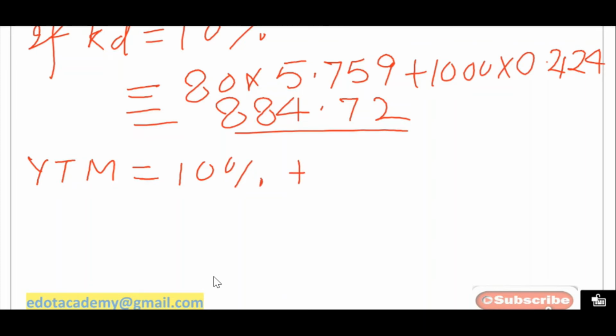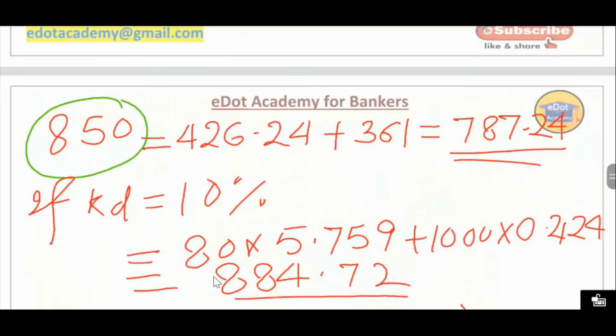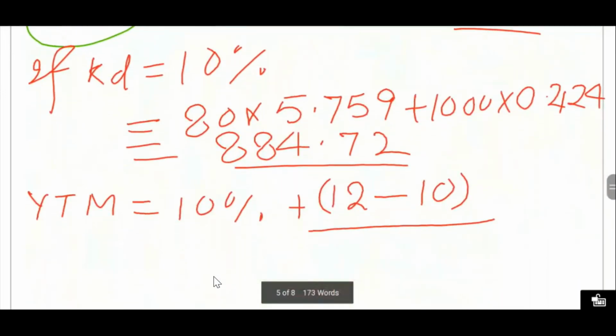It lies between 12 and 10, so I subtract 12 minus 10, divided by the values we got. For 12% we got 787.24, and for 10% we got 884.72.